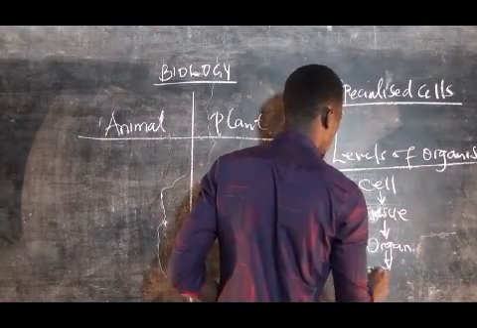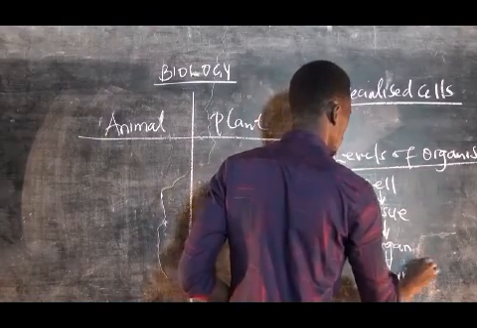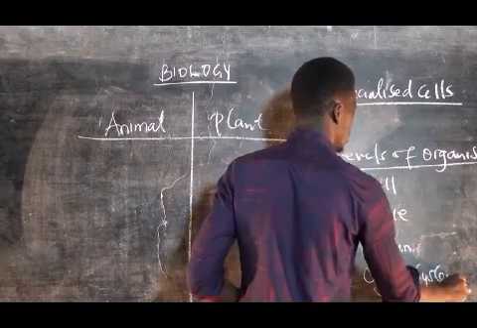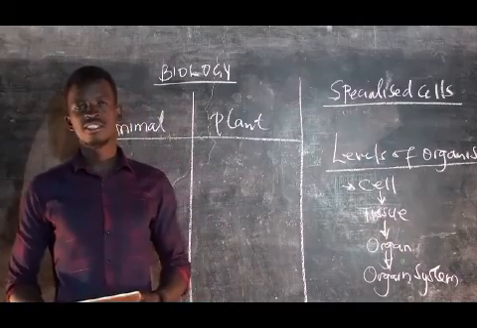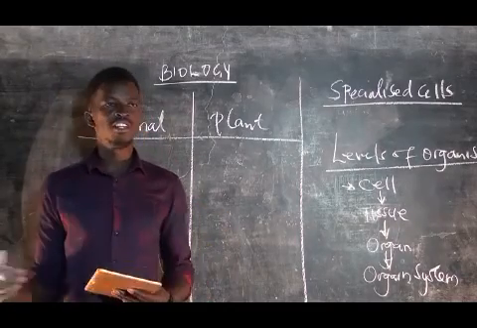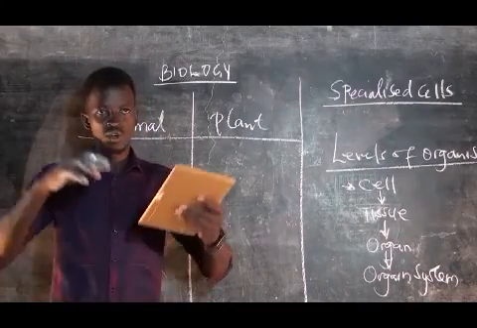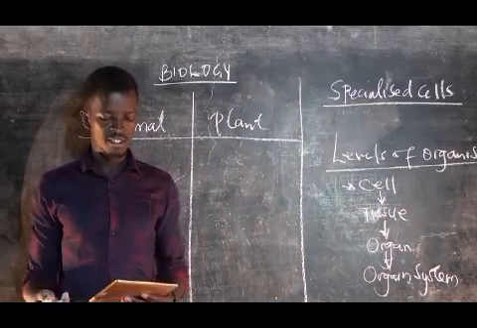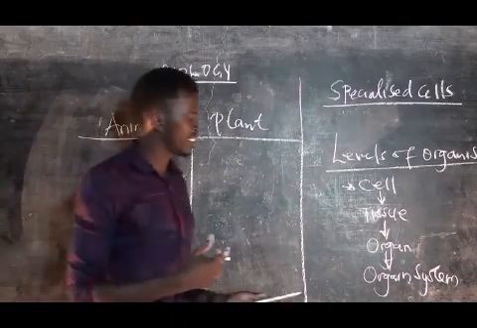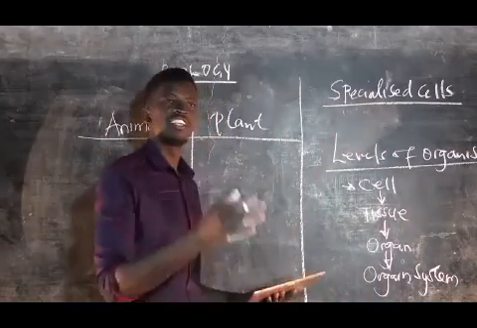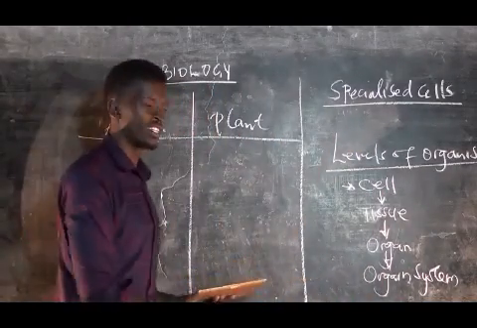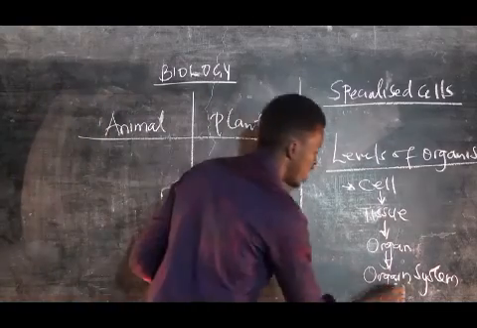And that organ system can be, let's say, the digestive system. Or if we're looking at the central nervous system, you have the brain, you have the nerves, you have the spinal cord, so you're going to have a nervous system. And then, if you have several organ systems, like the nervous system, the digestive system, the musculoskeletal system, you discover that you have an organism.